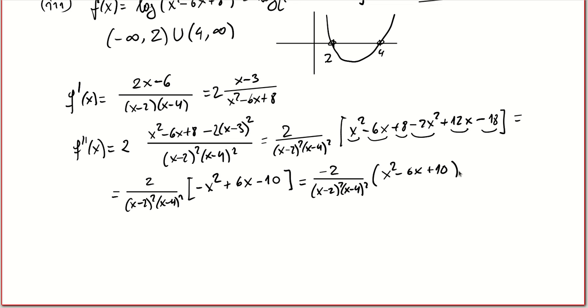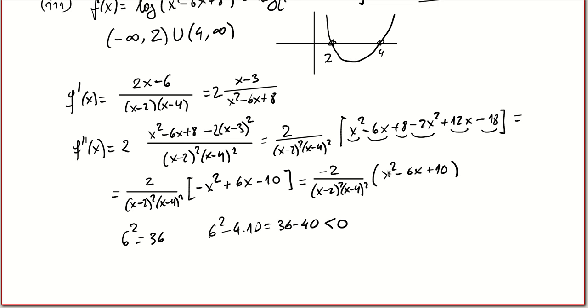Okay, 6 squared minus 4 times 10 is 36 minus 40, which is negative. So the discriminant is negative, so this is an irreducible quadratic factor.